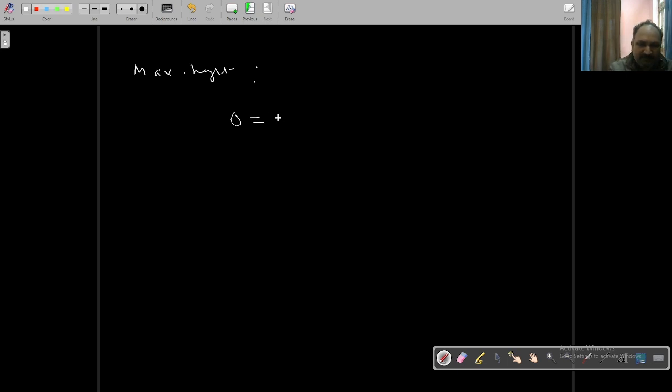v square equals u square, since we have to find out, u square sin square theta minus 2 g s. S is the maximum height. So 2gs is equal to u square sin square theta, right?